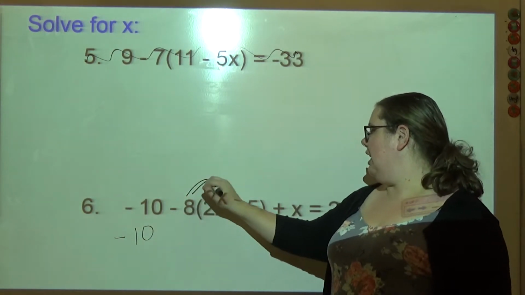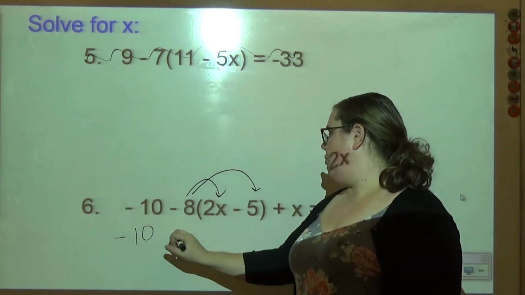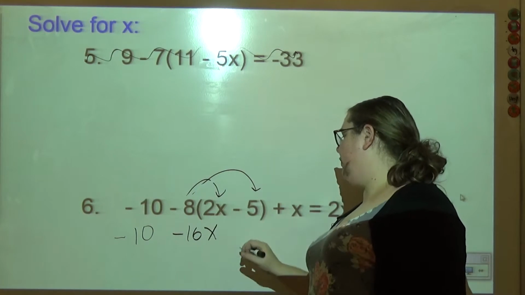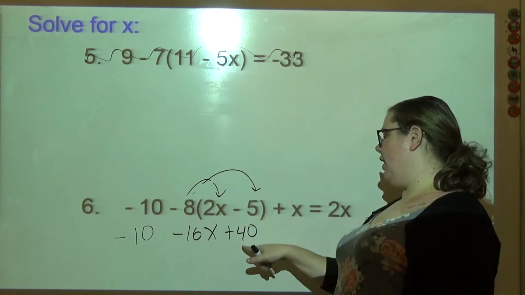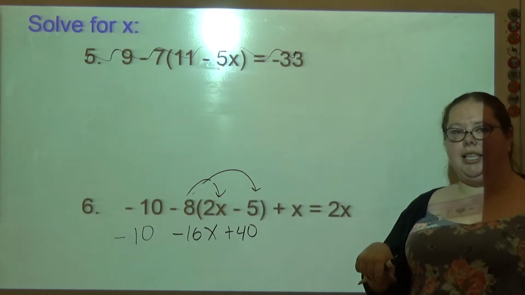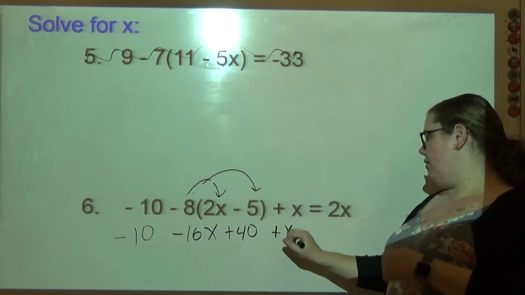Distribute that negative 8. So negative 16x plus 40. Negative 8 times a negative 5 is a positive. And then we are not distributing to that x. X is not in the classroom, not in the parentheses. So that's just a plus x.